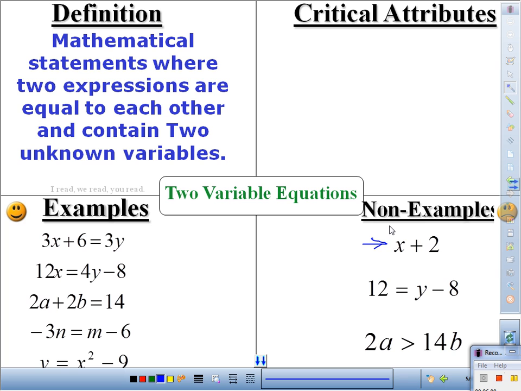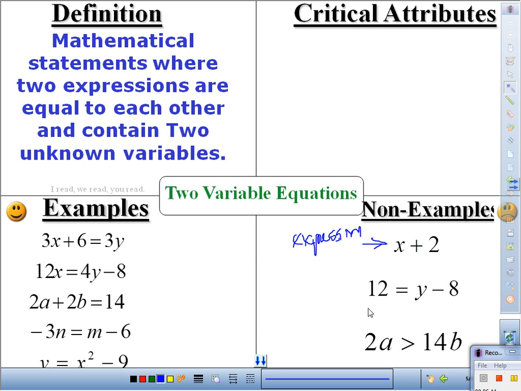Okay, I'll take that. But look at it again. You're getting close. And one more thing: what is this missing? Did everybody hear all those three things? Not two expressions, no equal sign, and no two variables. All right, and so we can move on. What is this called, though, Jacob? Expression. Thank you.